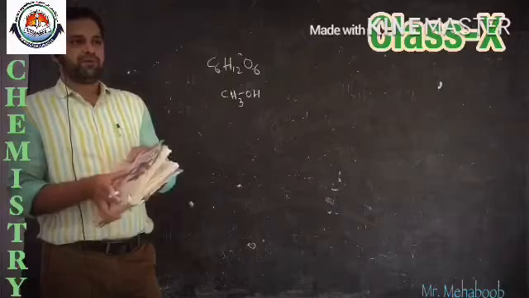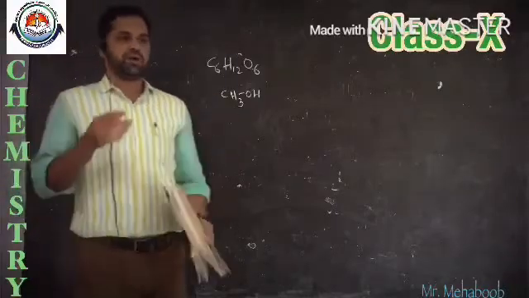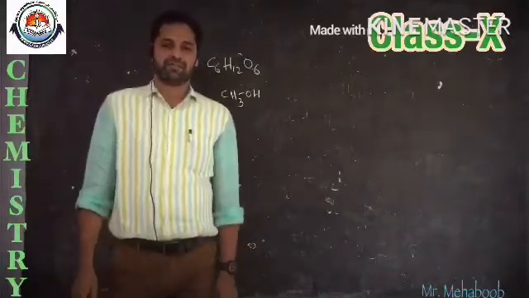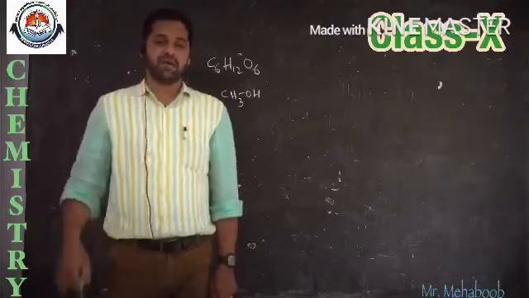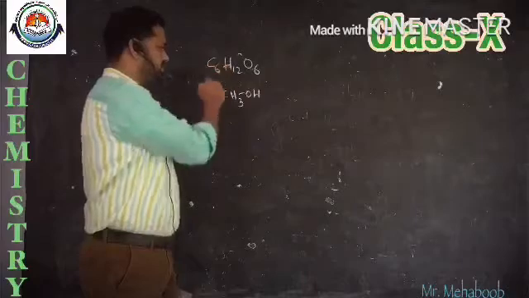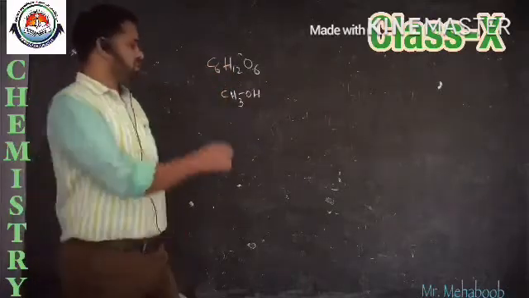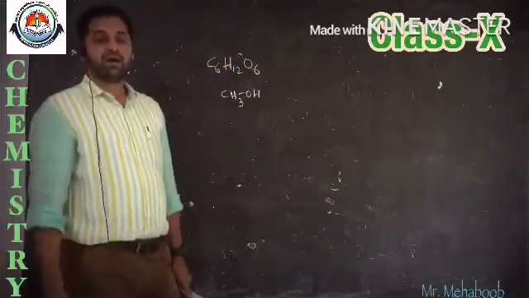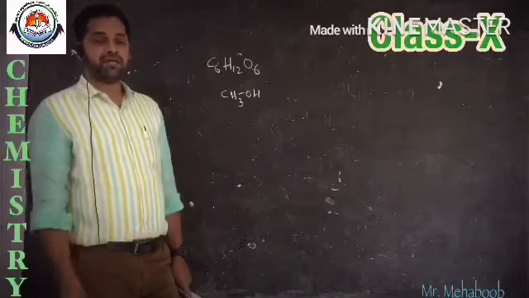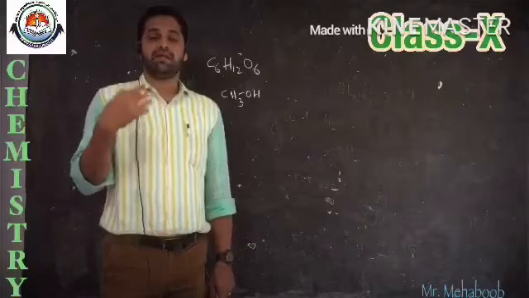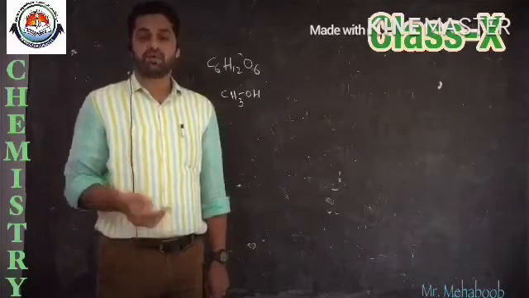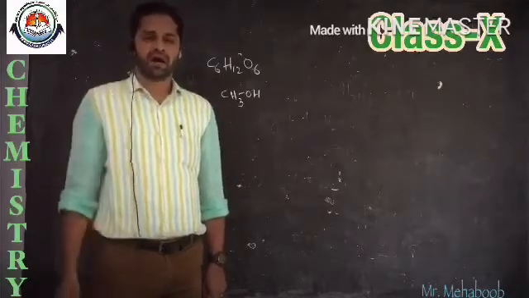When we pass electricity through acids or aqueous solutions of acids, they conduct electricity. But when we pass electricity through glucose or alcohol, they do not conduct any electricity. Why? Because they do not contain any ionizable hydrogen atom, or any ions.